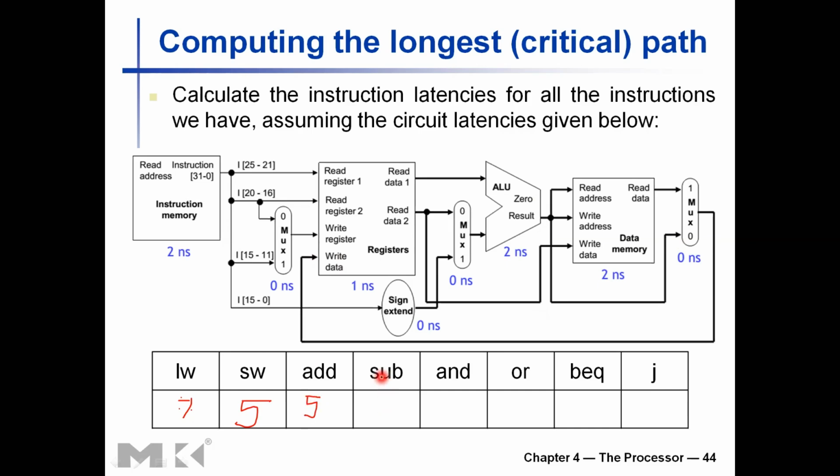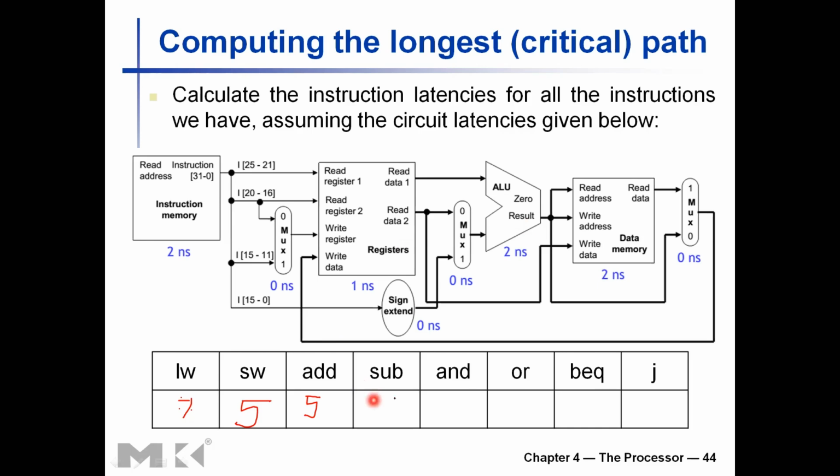Sub instruction, again the same thing, right? Read from the instruction memory, figure out it's an R type instruction, then read the register values, perform the ALU operation, and make the result available. Yes, that is correct.